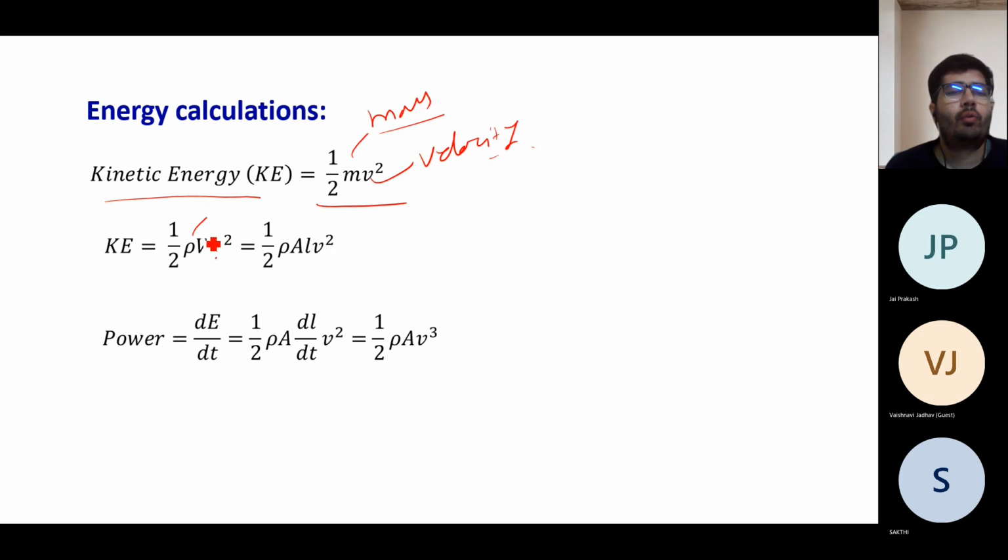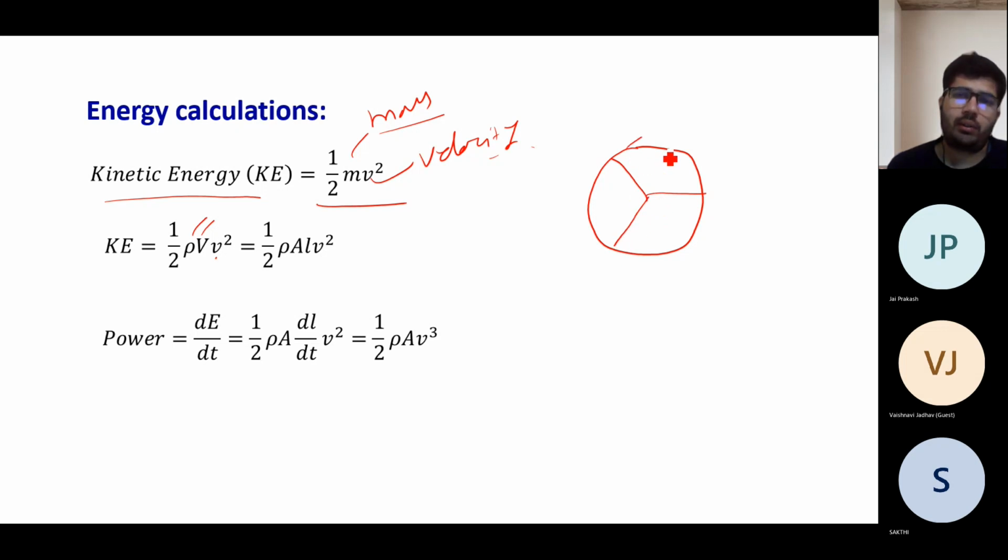The volume means the area of the wind turbine. Suppose this is the radius, and these are 3 blades, so they have some radius, and this is the area they cover.